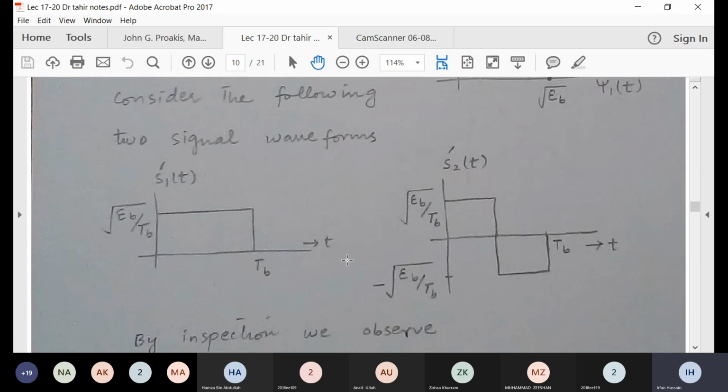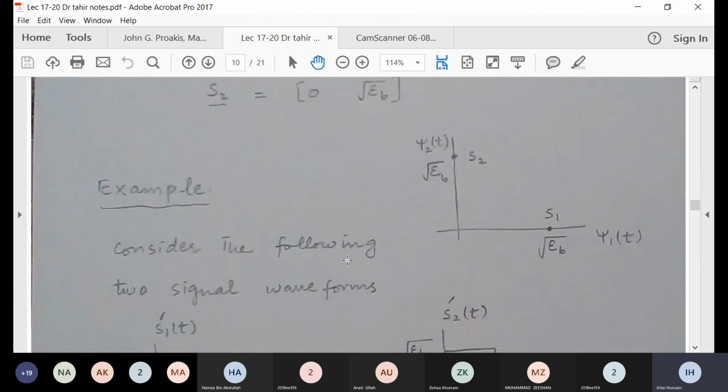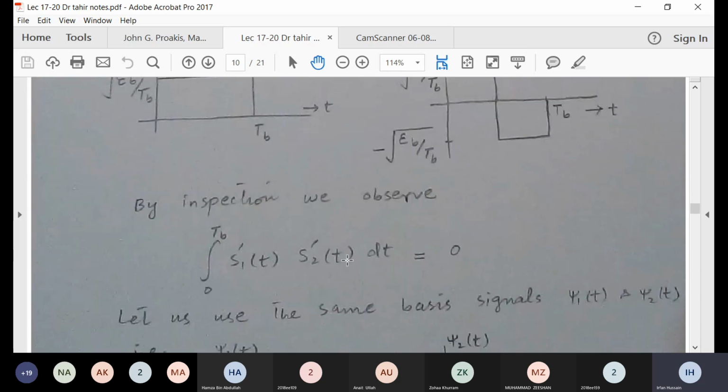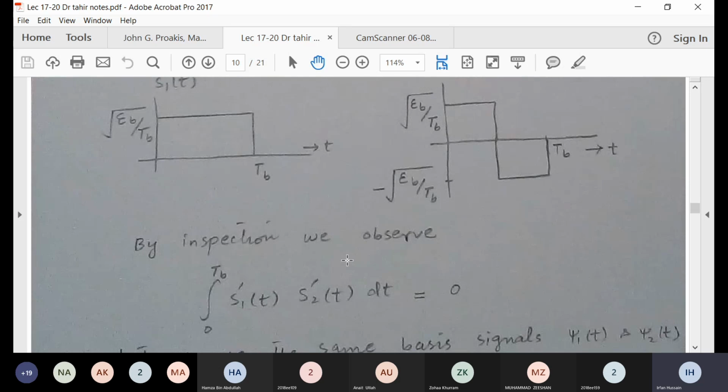So we have again two different signals. You can see that S1 and S2 are again orthogonal to one another. You can check, this comes out to be 0.